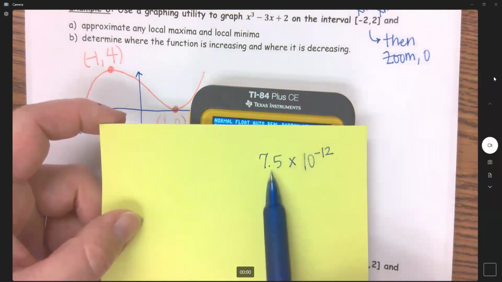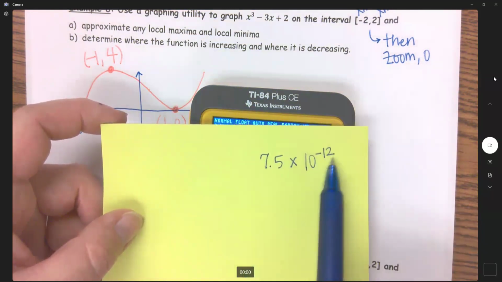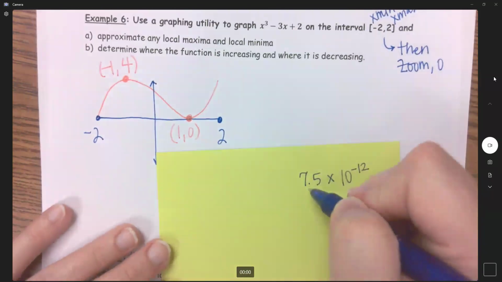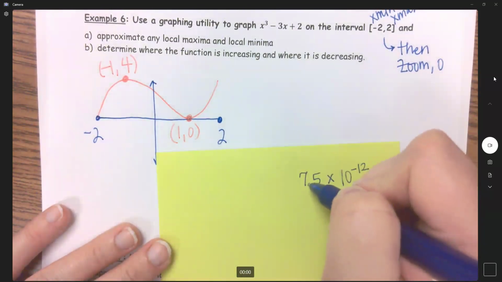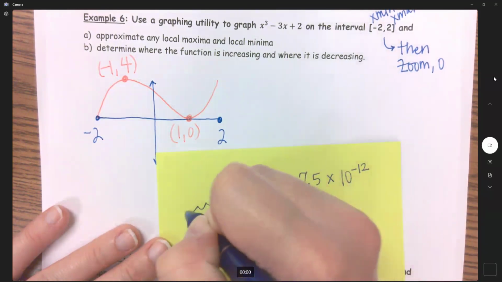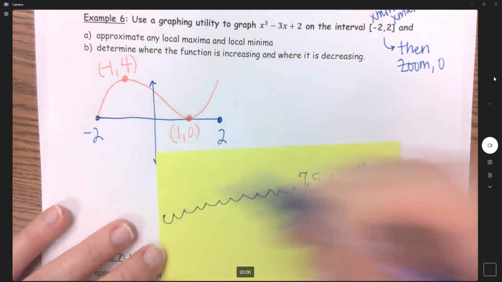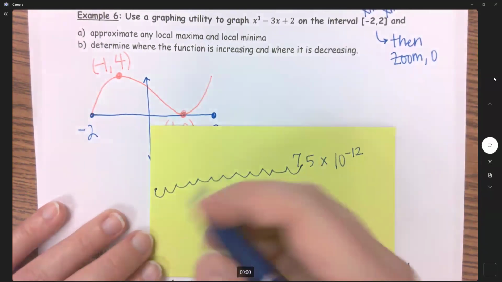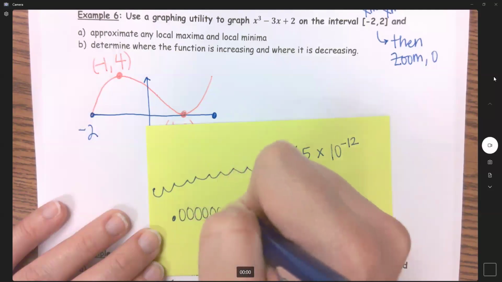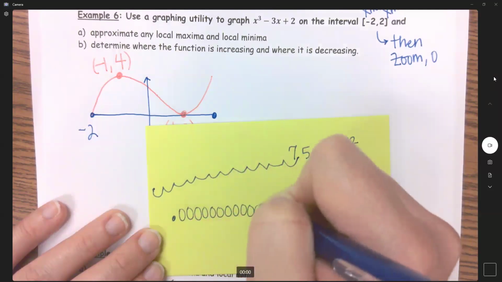This tells you to move this decimal this many times to the left because it's negative. So I would have to take my decimal and move it 1, 2, 3, 4, 5, 6, 7, 8, 9, 10, 11, 12 times right here and put zeros all there.